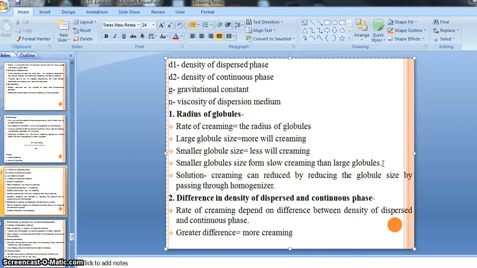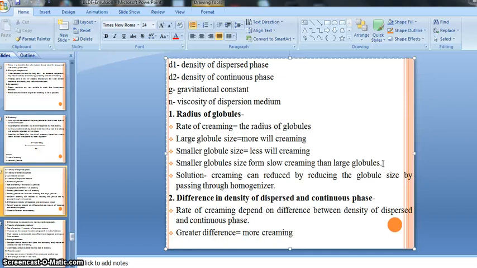Suppose we made a coarse type of emulsion with large globules, and we know that a coarse emulsion very easily creams, right? That's why, to minimize the rate of creaming, we use a homogenizer, hand homogenizer, or any kind of colloidal mill for the reduction of the size of globules, right?